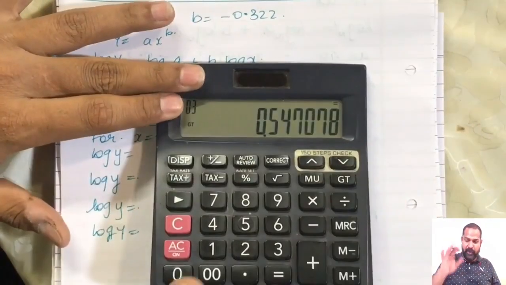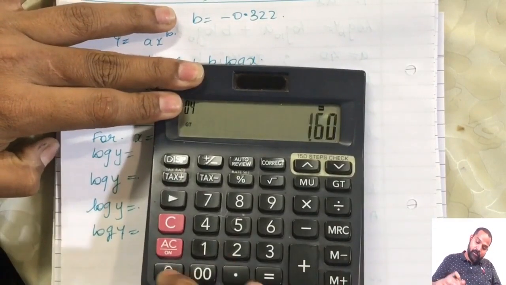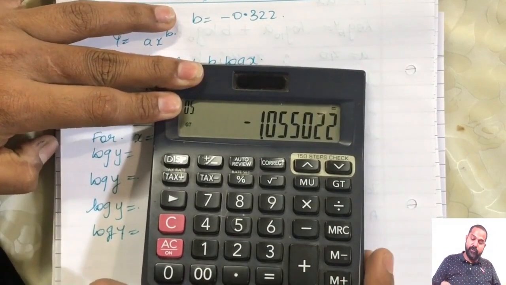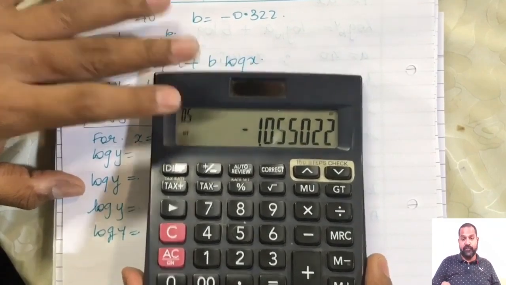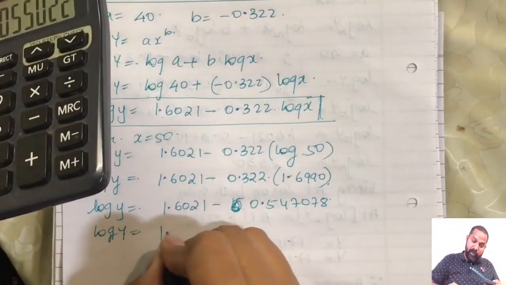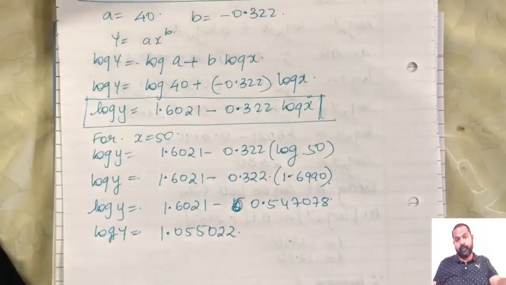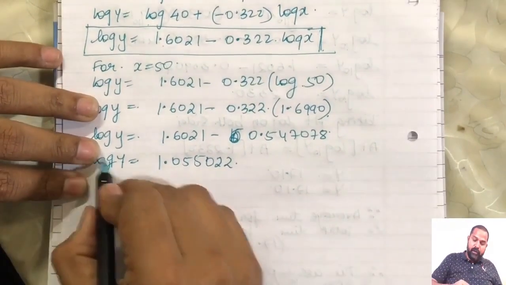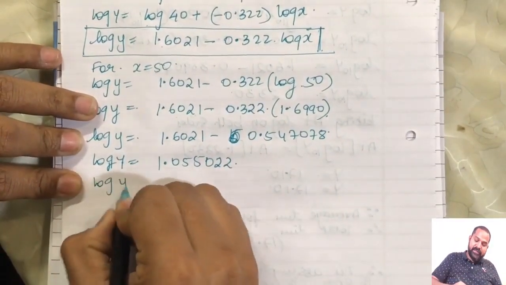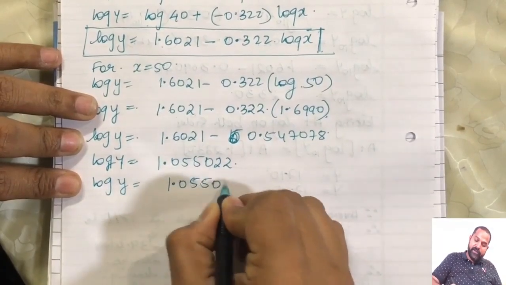Now I'm doing a reverse subtraction, so I will get a negative value, which is negative 1.055022. But I didn't ask you for log y, I asked you for y. Before taking anti-log on both sides, let me make this 4-digit: 1.0550.